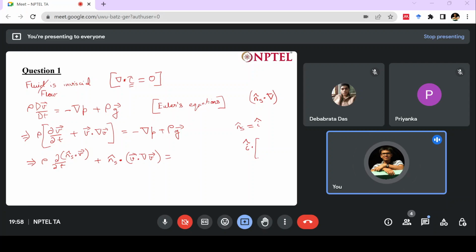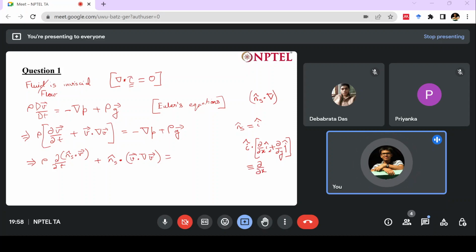Grad is an operator with three components: del del x i cap, plus del del y j cap, and if it is three dimensional, del del z k cap would also be there. It's not required for this example. So i cap dot i cap is one, and other components will be zero. So this actually becomes just del del x.